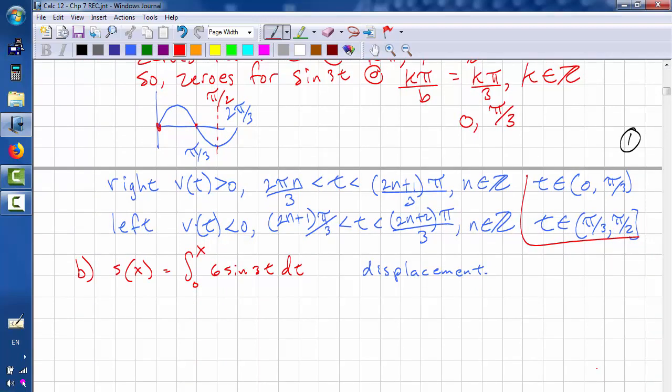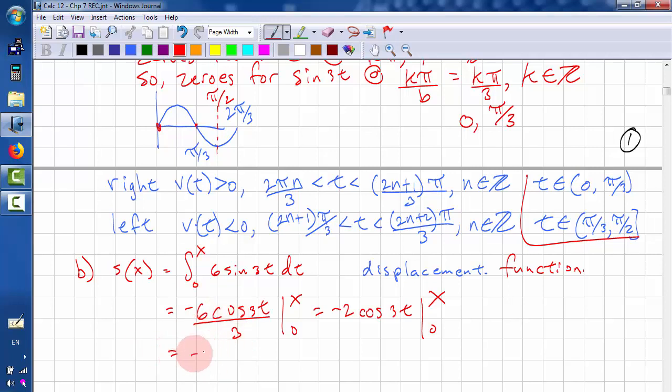Part B, we want to find a displacement function. So s of x is the integral from 0 to x of 6 sine 3t dt. You have negative 6 cos 3t over 3, and we're going from 0 to x. That means we're doing negative 2 cos 3t from 0 to x.